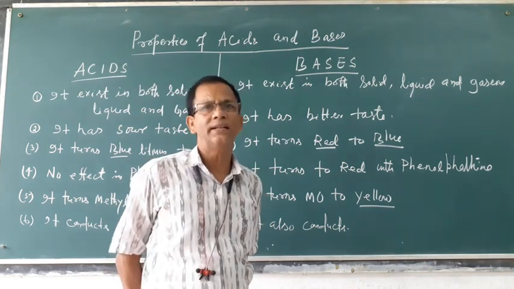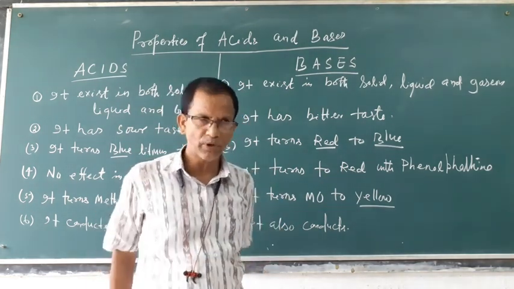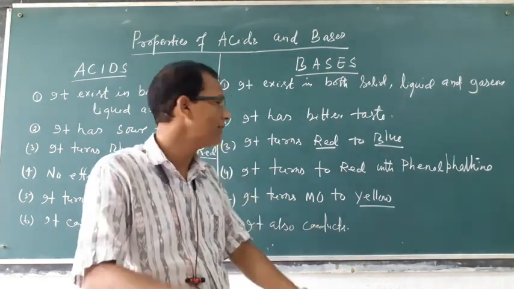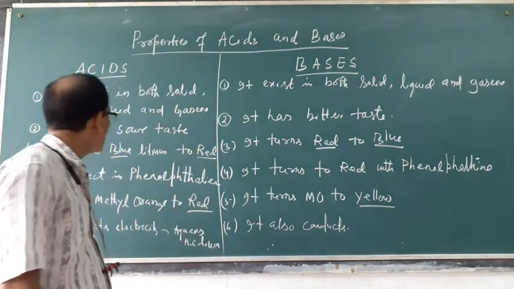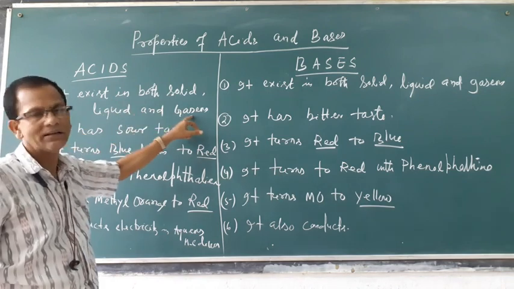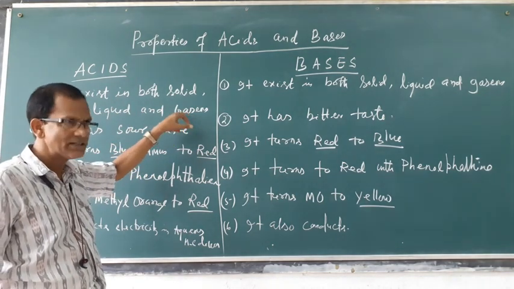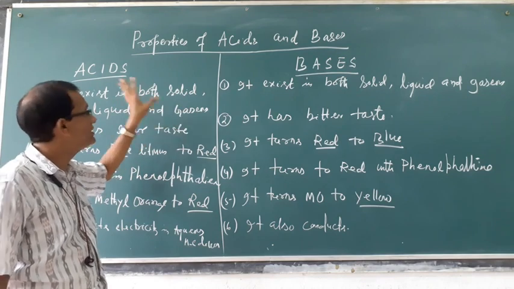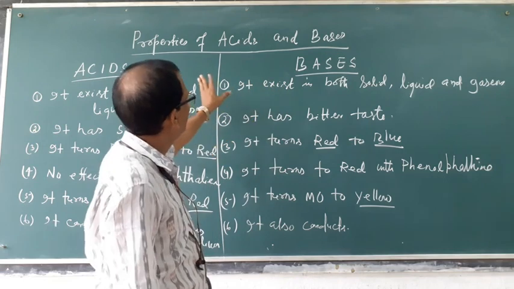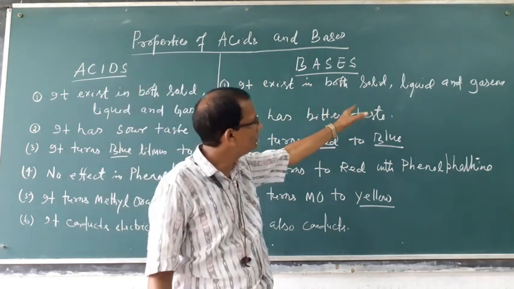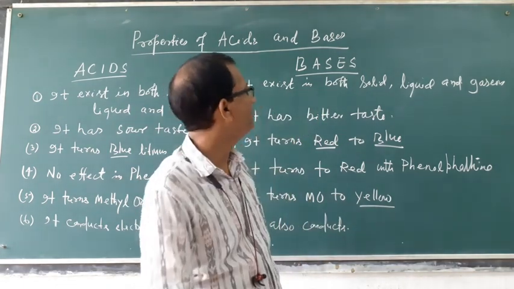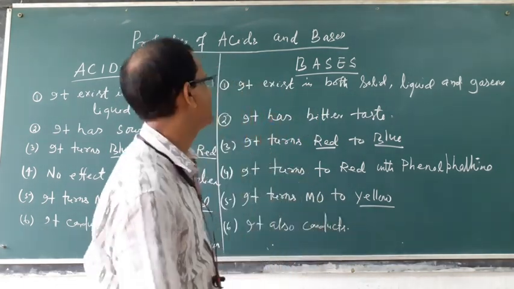Hydrochloric acid, HCl, exists in gaseous form, but we can convert it into liquid form by dissolving it in water. So acids are available in three forms. Bases also exist as solid, liquid and gas. Some bases are solid, maybe liquid, maybe gas.